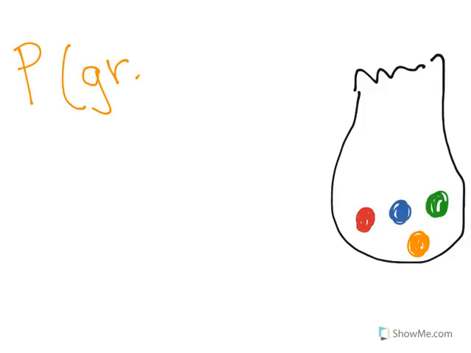So what is the probability that we pick out a green ball? This is actually very simple. We look at, first of all, how many ways can we pick out a green ball? Well, there's only one green ball. So 1 is the numerator, or the top of our fraction.